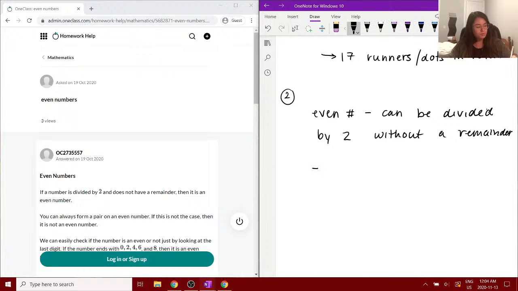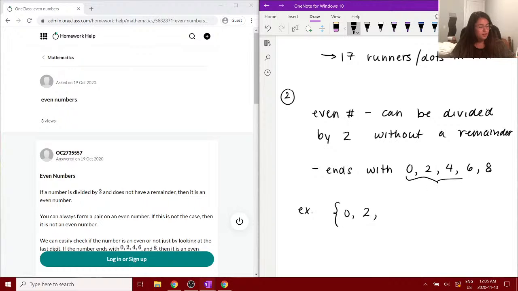You can also identify an even number if it ends with 0, 2, 4, 6, or 8. If we give examples of even numbers, we can have a set that looks something like this. 0 is an even number, 2 is an even number, as we said above.